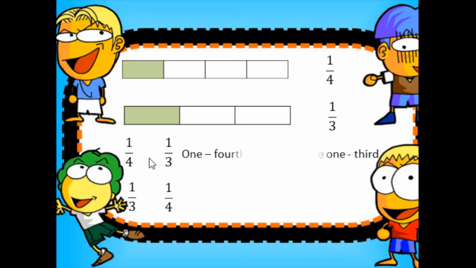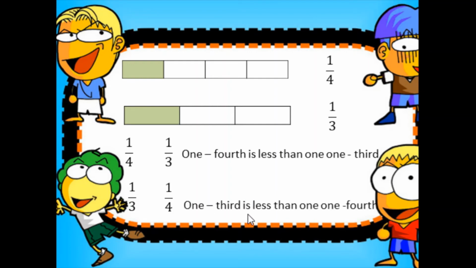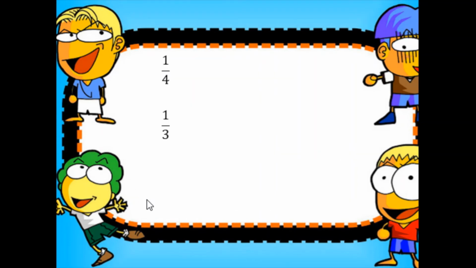So looking at the picture, we can say that 1/4 is less than 1/3. Or 1/3 is less than 1/4. Less than, greater than.